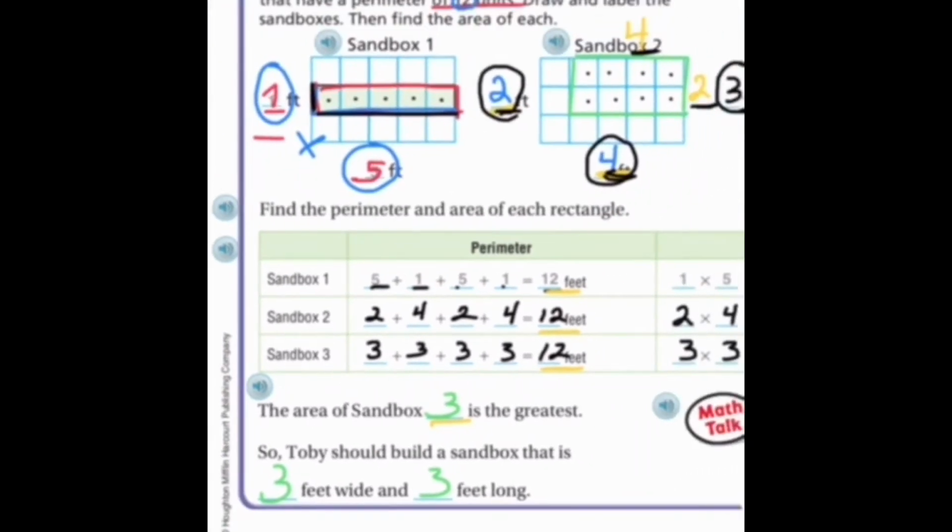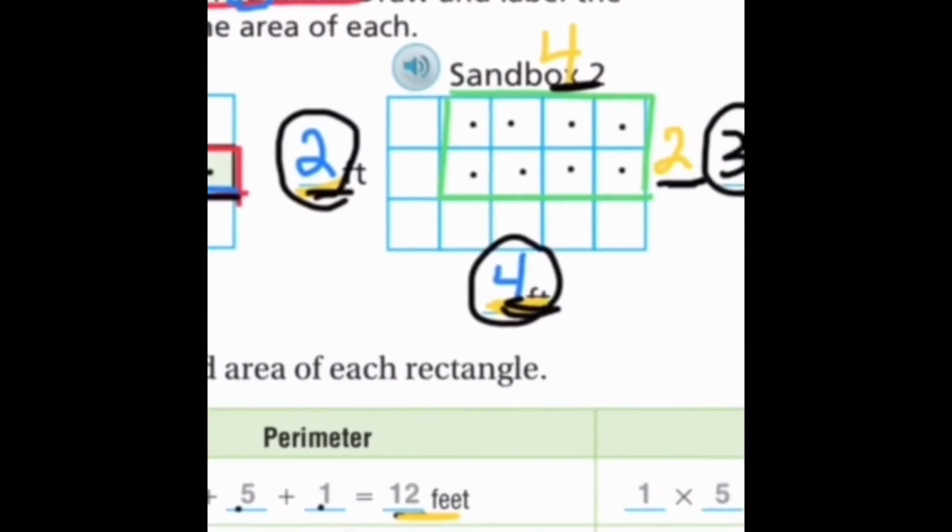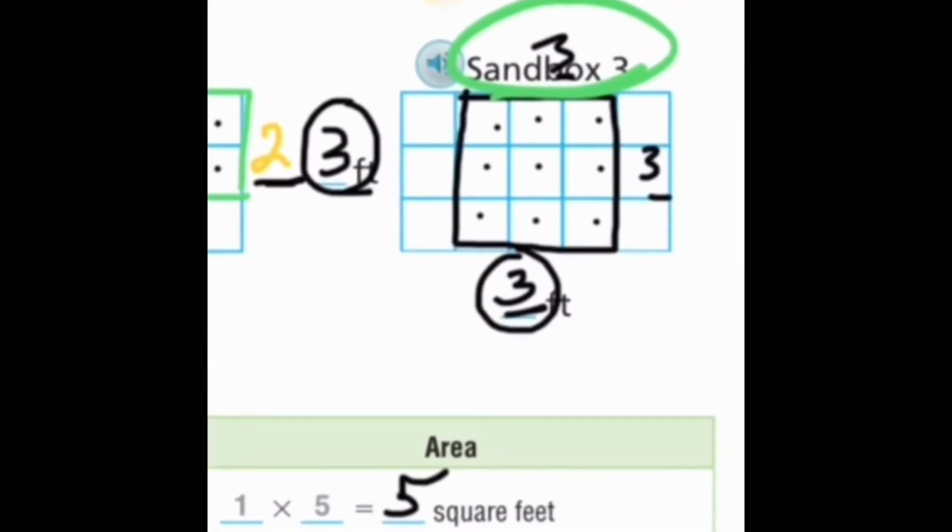Now let's look at these shapes. The long, skinny sandbox had an area of just 5 square feet. When we had the square, we got 9 square feet. So if you want the most area, when we have to have a certain perimeter, in this case it was 12, if we want the biggest area, we draw a square.